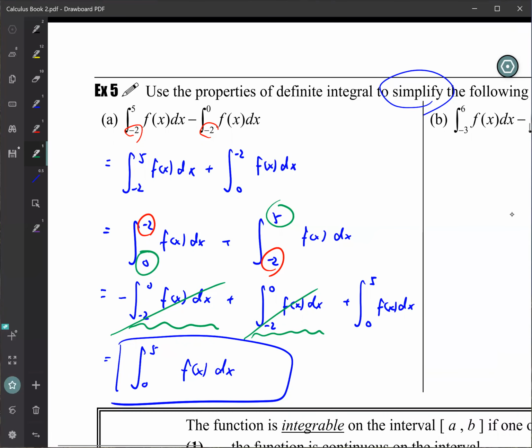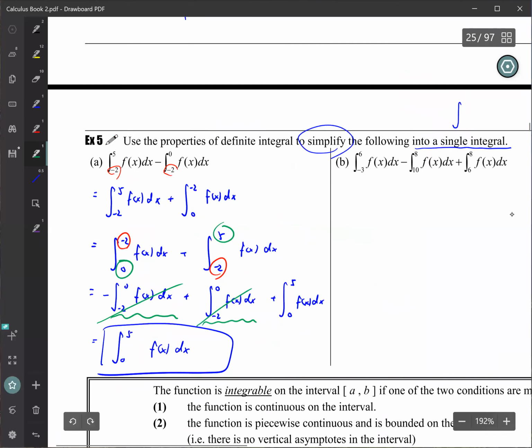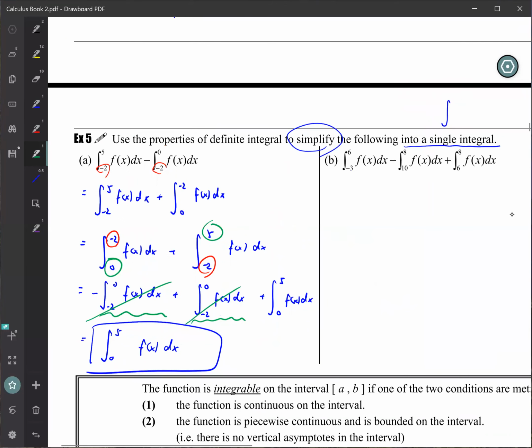So I'll let you try question B. Sometimes you break it apart, sometimes you flip them upside down, right?